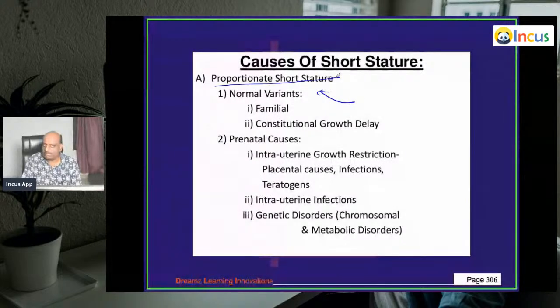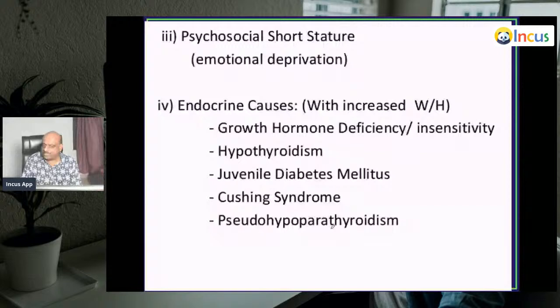Familial, constitutional growth delay. Even prenatal causes like IUGR, intrauterine infections, genetic disorders. Similarly, emotional deprivation and endocrine causes. They are all proportionate dwarfism.